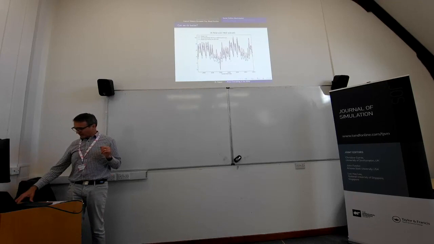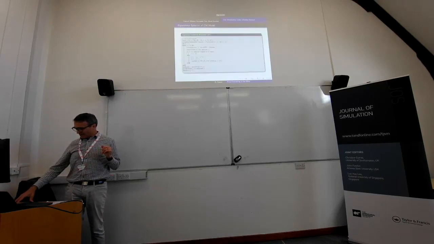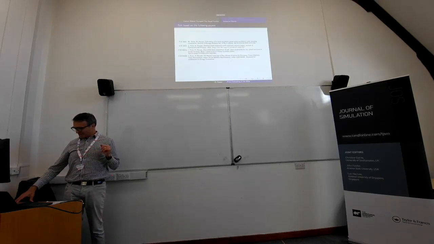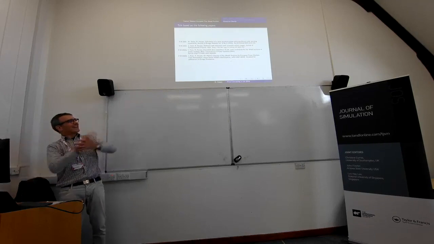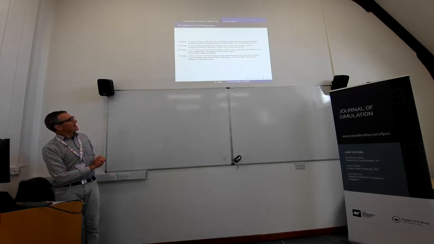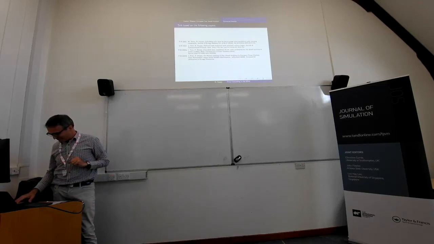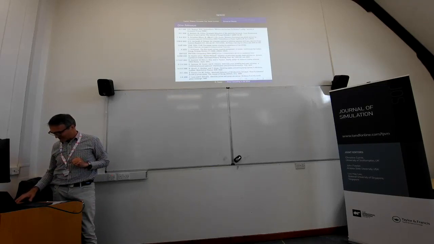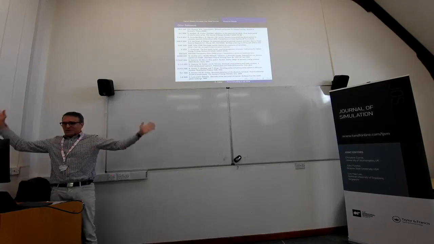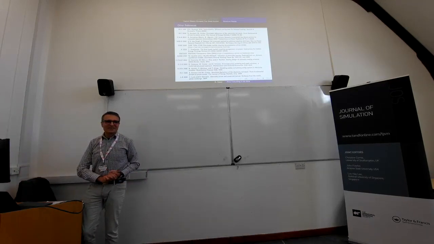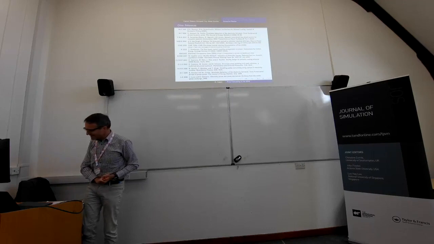But I'm out of time. I'm giving you the references for the papers if you are interested, and of course there's a lot of other literature on this that you should give credit to as well.